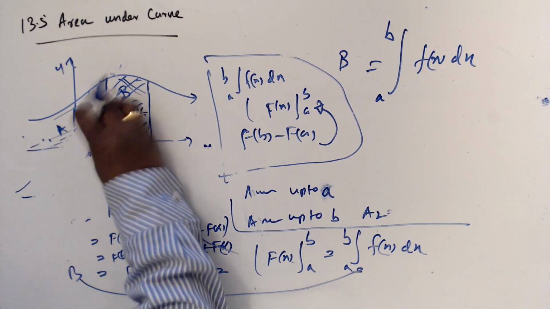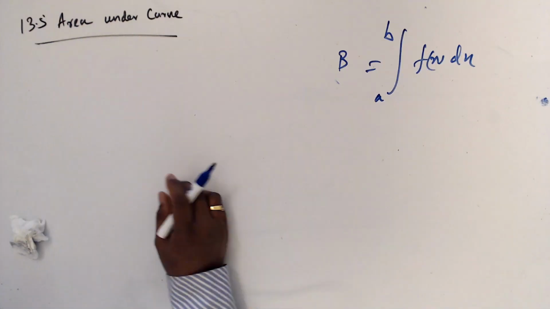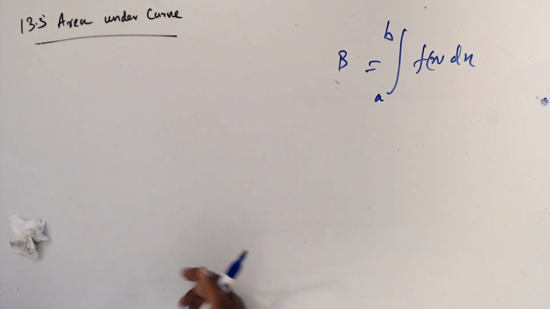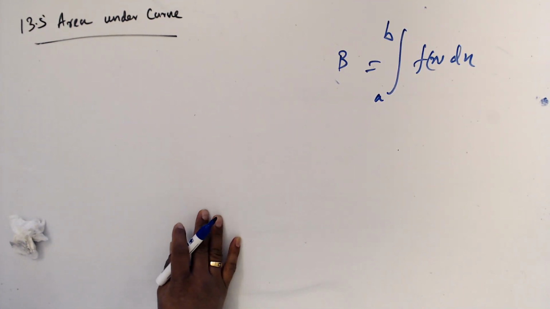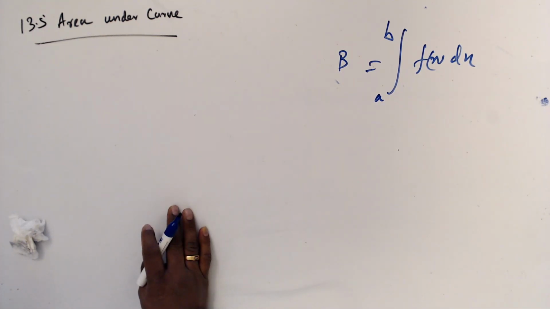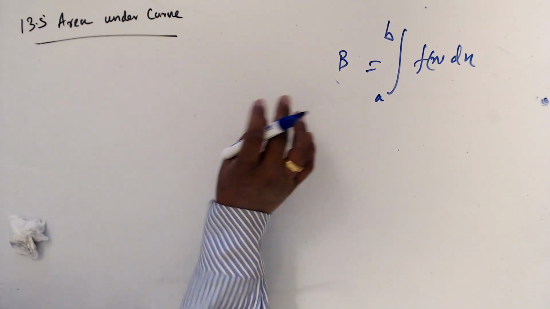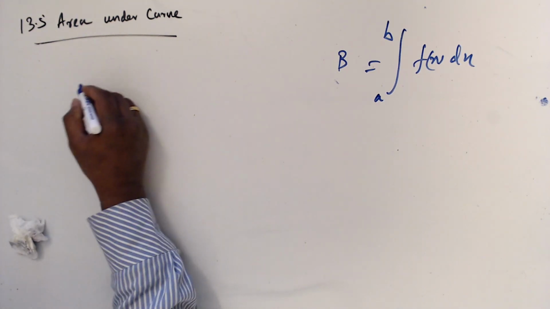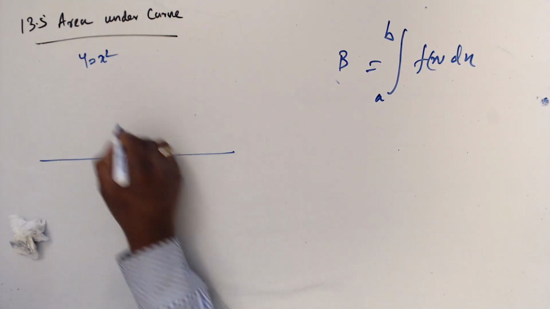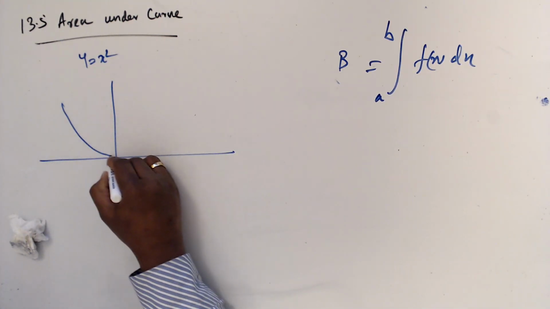We'll discuss one example. Sometimes with whatever my discussion, you may understand, sometimes totally 0% understanding, or in between 70 to 80. That's fine. If you can't understand this one, that is enough, right? So I will consider y equals x square. So I draw the x square curve now.